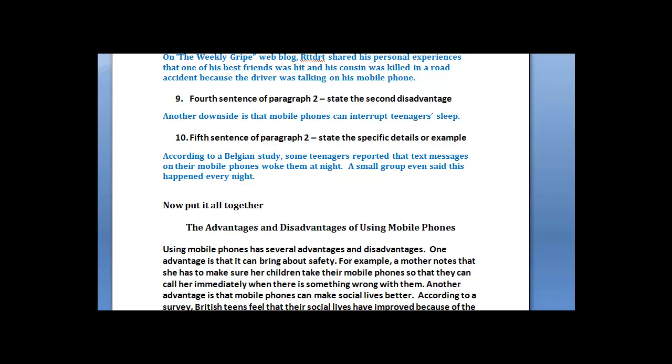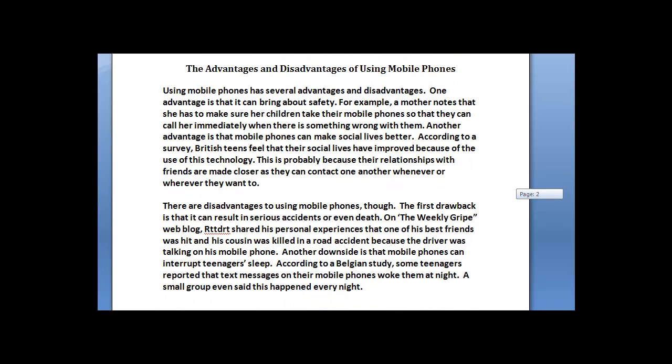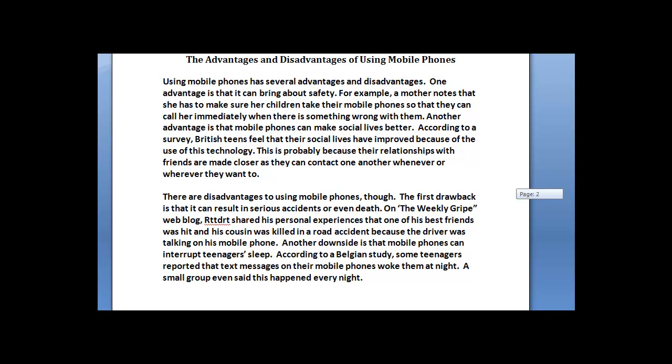Here we state, according to a Belgian study, some teenagers reported that text messages on their mobile phones woke them at night. A small group even said this happened every night. All right, and that's it. Now we put it all together and we have one very well organized and clear essay.